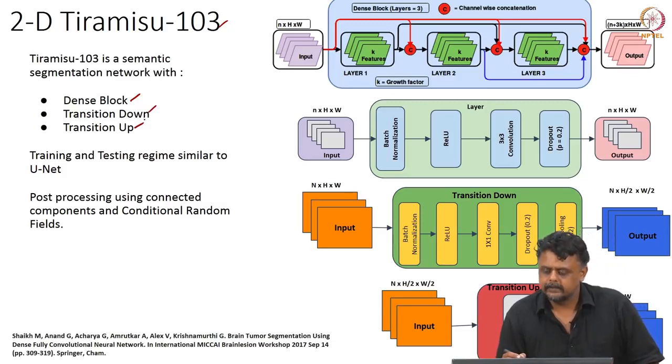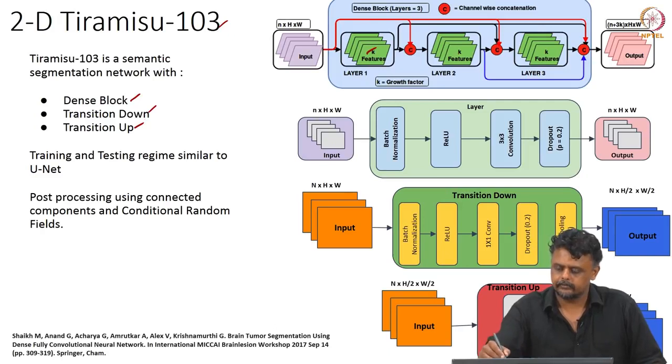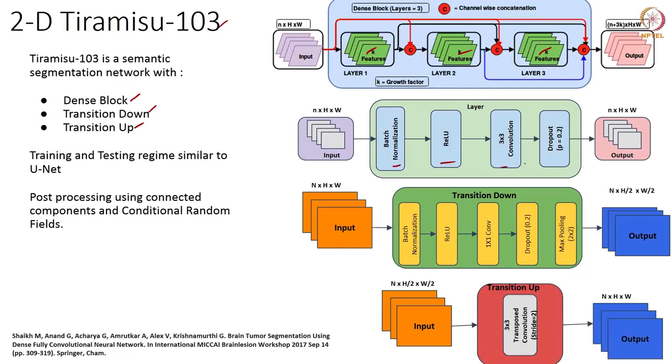The dense block has 3 convolution layers, and each layer has a composite operation consisting of batch norm, ReLU, 3 cross 3 convolution and a dropout layer. The transition down layer, wherein we are subsampling the feature maps, again has batch norm, the ReLU nonlinearity, 1 cross 1 convolution, again a dropout layer added during training, followed by max pooling.